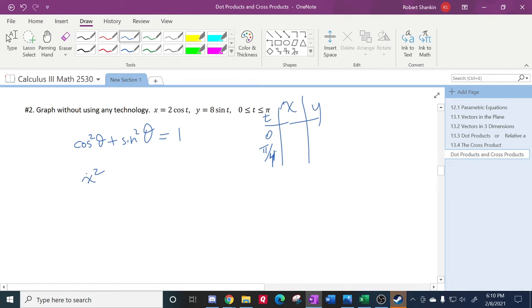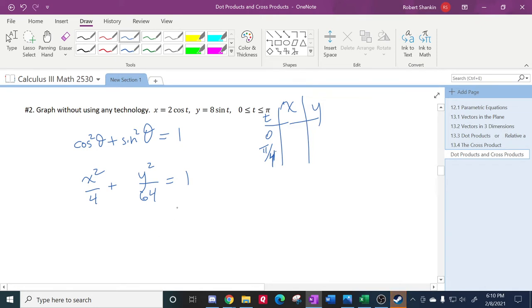But then it'll have a 4 that's extra. Divide it out. Now this matches that. And then the sine has to be squared, but then it'll have a 64. So you got to divide by 64. And then you get 1.